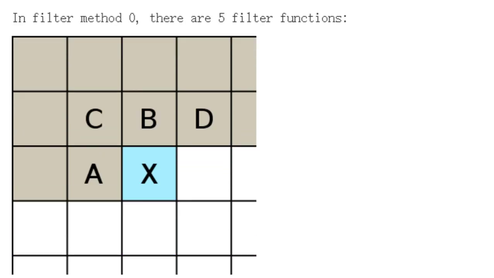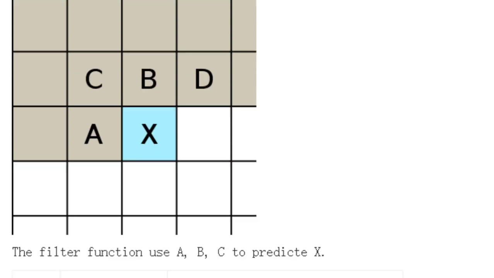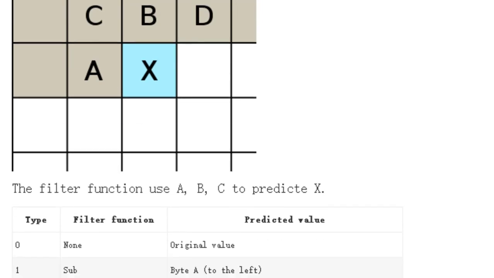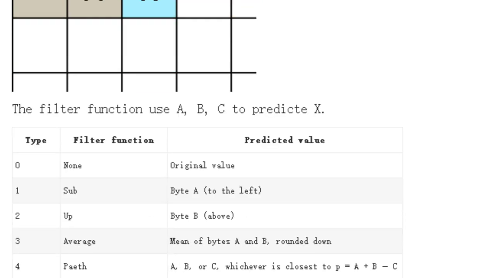This is a diagram of pixels, and we are trying to calculate pixel x based on pixels C, B, D, and A. I don't think I've seen D actually used in a filter function, so it's mainly C, B, and A from what I understand, but let's look at the table. The filter function uses A, B, C to predict X. It does not mention D, so I don't know why D is in the diagram, but whatever.